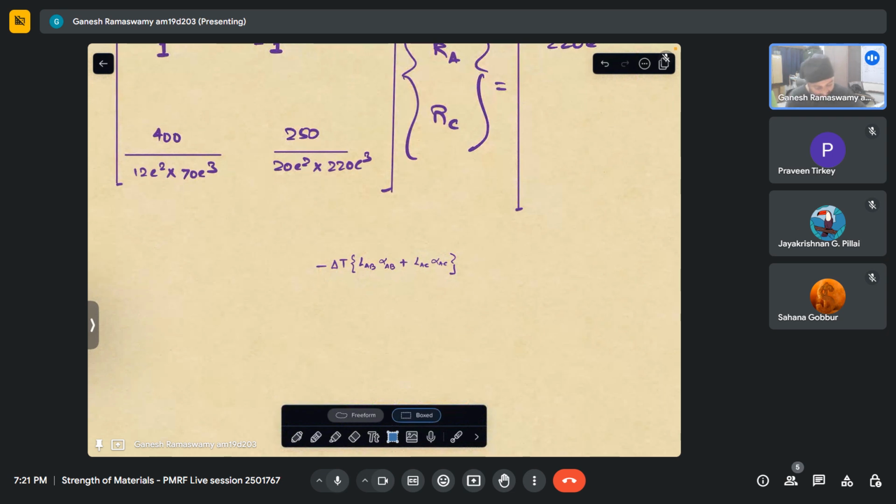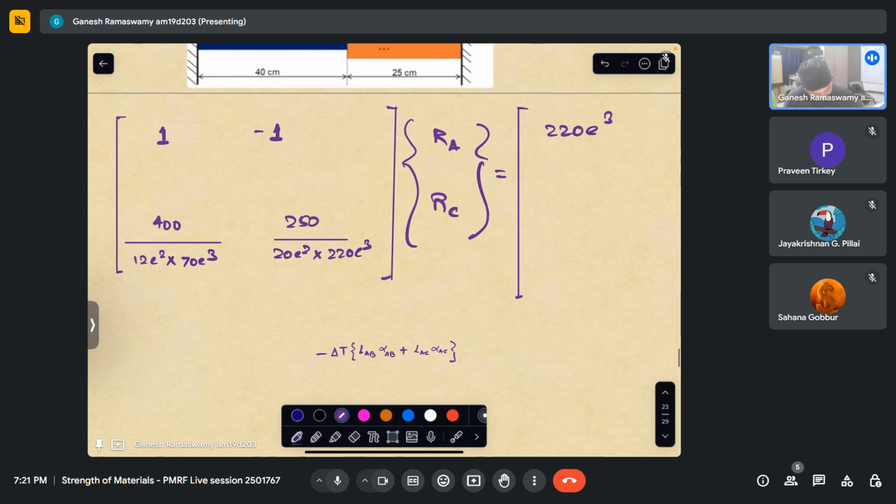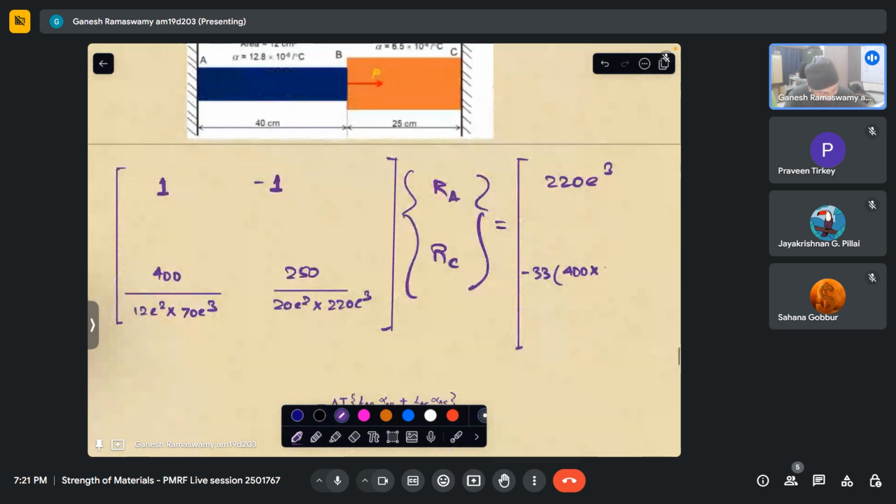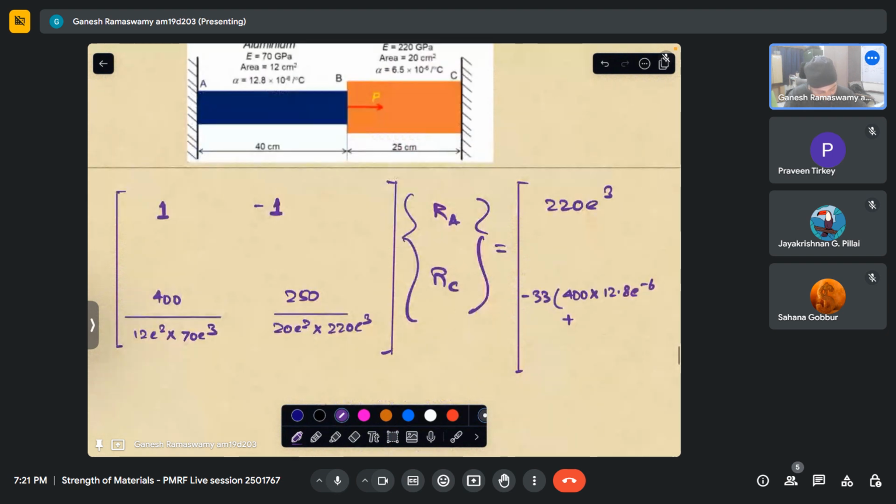So this is nothing but minus 33 degrees into [400 into 12.8E minus 6 plus 250 into 6.5E minus 6]. Now it is just a matter of solving this matrix.